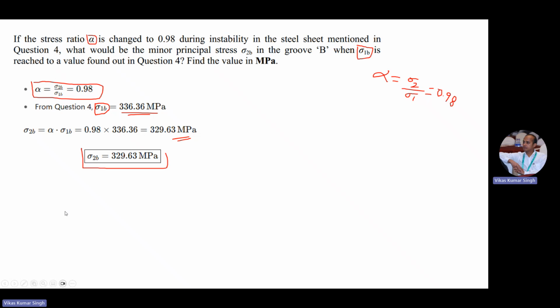Now, in this assignment, one of the things we learned was the inhomogeneity factor, the imperfection ratio.